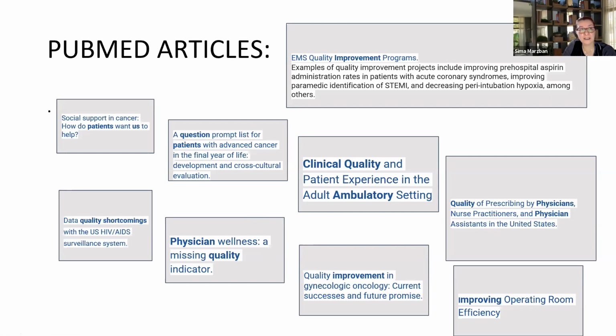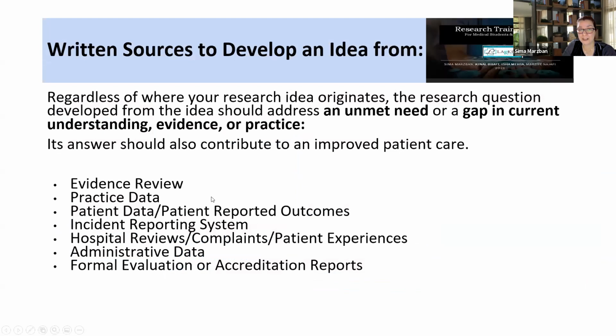Don't think that only case reports and systematic reviews are research. Research includes many types of things: clinical research, quality improvement, qualitative research, asking people, exploring ideas through focus groups and interviews. What are the written sources to develop an idea from? A research idea comes from which written resources? First of all, evidence review.